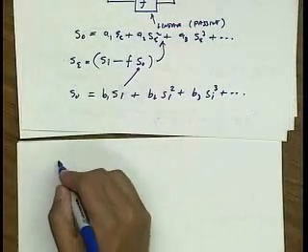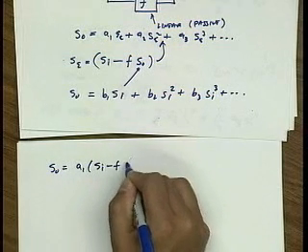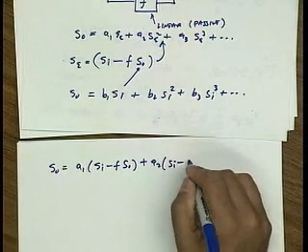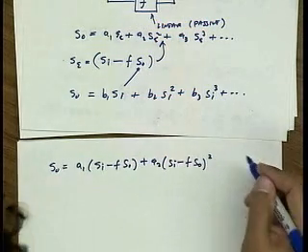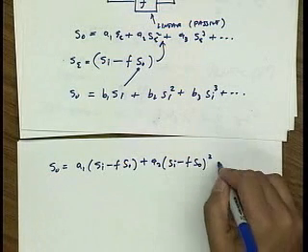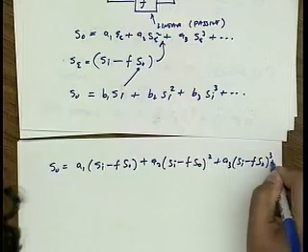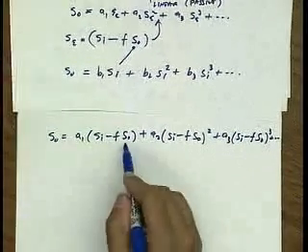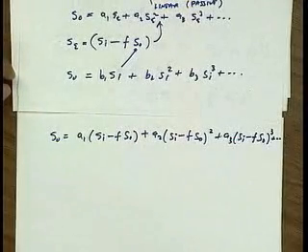So I have S output is A1 times (S input minus F S output) plus A2 times (S input minus F S output) squared plus A3 times (S input minus F S output) cubed, and so on. I'm going to substitute this series here.